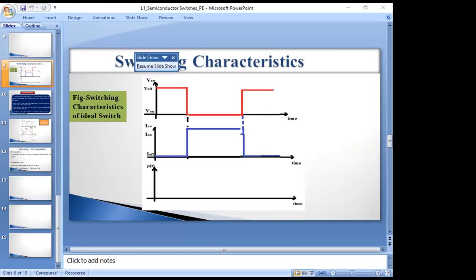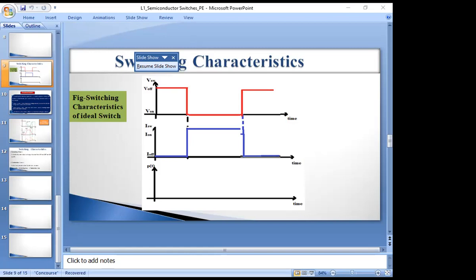How much voltage is present across the switch? Whatever you applied to the switch, 100 volts we have applied. So the same amount of voltage, 100 volts, is present across the switch. Is it right? Then what about the current through the switch? 0. Current through the switch is 0.